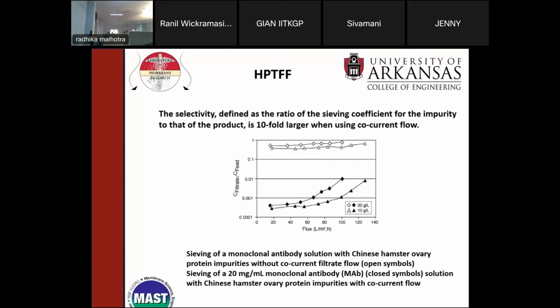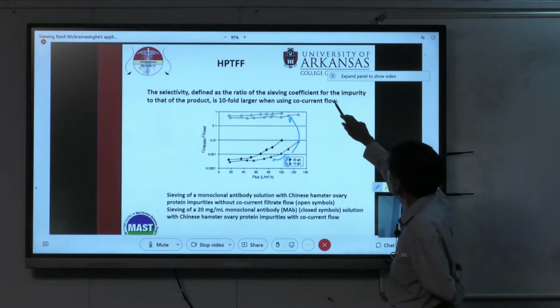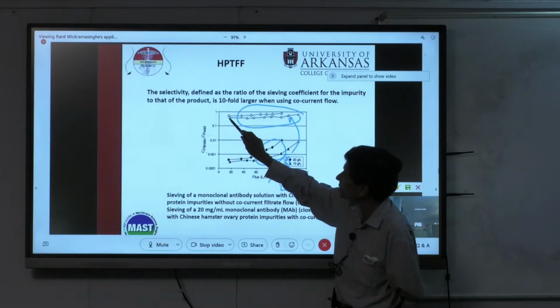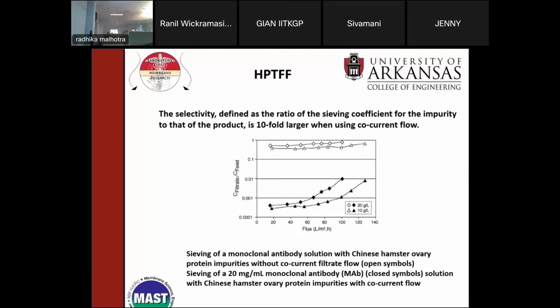What you're trying to show is that the selectivity, which is defined as the ratio of sieving coefficient for the impurity to the product, is larger using co-current flow. The antibody solution with Chinese hamster ovary impurities without co-current flow is this symbol. So this is without co-current flow, and this is with. If the ratio of what's in the filtrate to what's in the feed is almost 1, that means there was no separation. But here, significant separation. So you can see the tremendous benefits you get from this high-performance tangential flow.